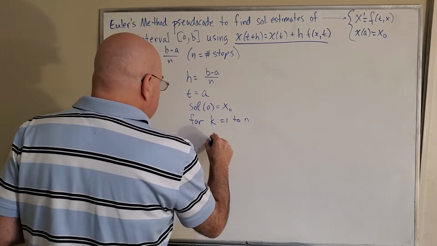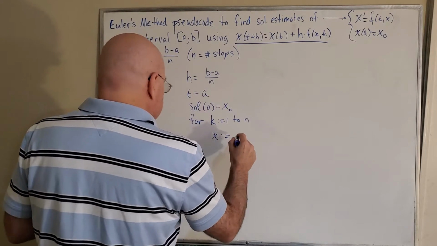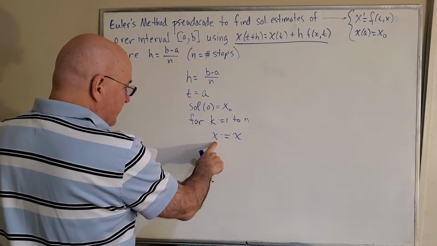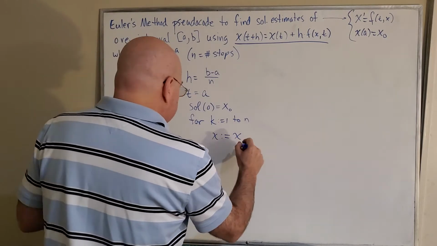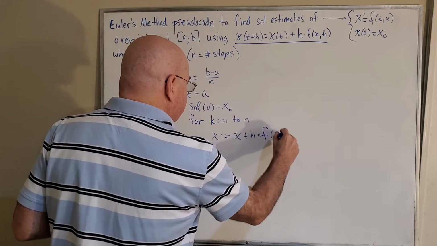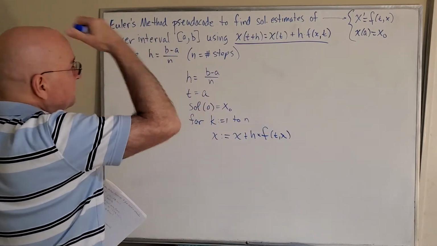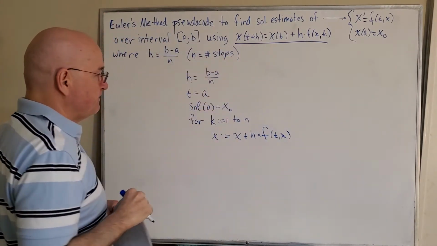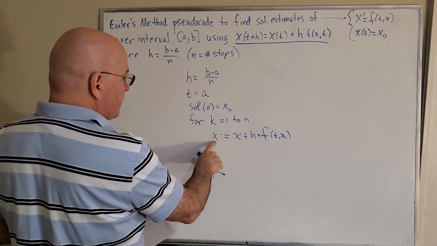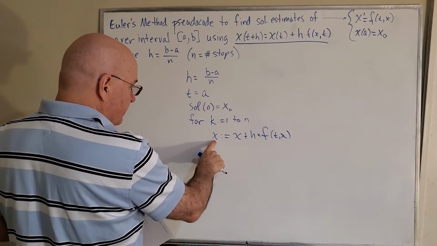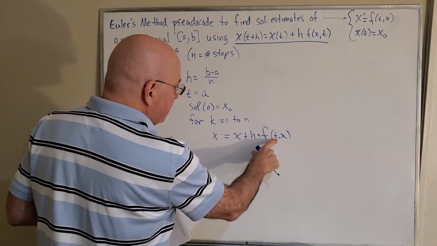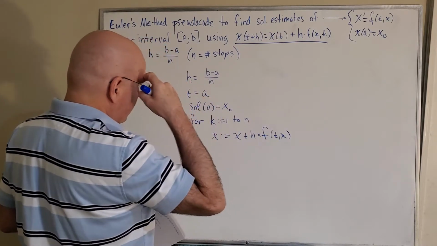And then we'll say that x gets the value, this is like the new x, gets the old x plus h times f of t, x. That's this formula right here. So this is like saying x at time i plus 1 is x of i plus h times f of t of i, comma, x of i.